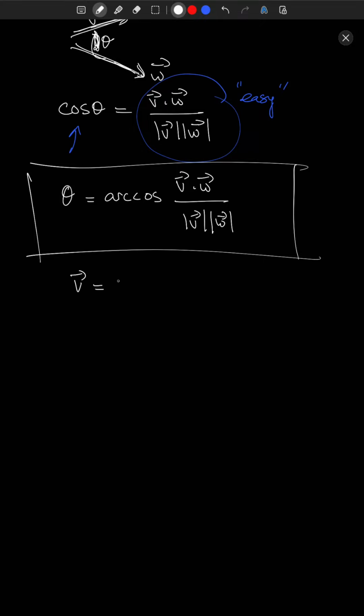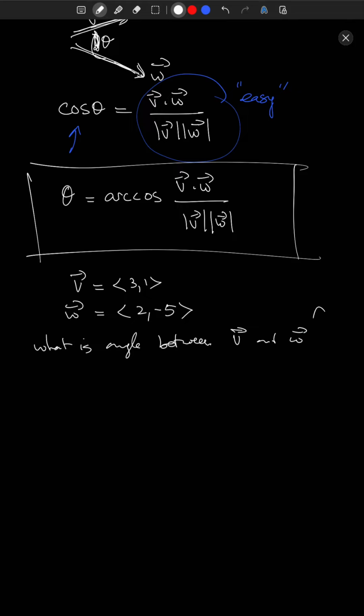If I have v is 3 comma 1, w is 2 comma minus 5, then what's the angle between v and w? How would you figure this out? You could draw v, 3 spaces right and 1 space up. W is 2 spaces right and 5 spaces down. And then you could maybe do some trig to figure it out, but that's not necessarily easy.